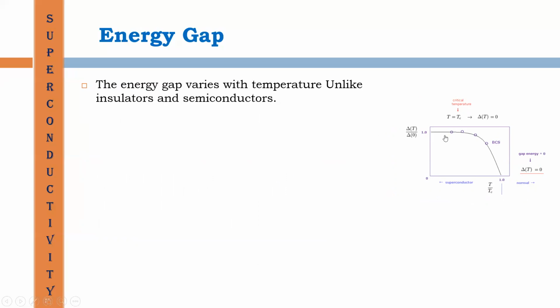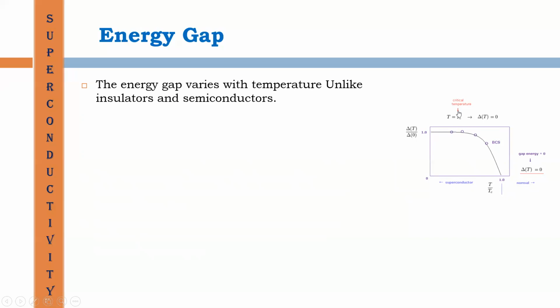This is the figure of the energy gap in the case of a superconductor. We can see that the energy gap varies with temperature, unlike in insulators and semiconductors. In some regions it is constant.